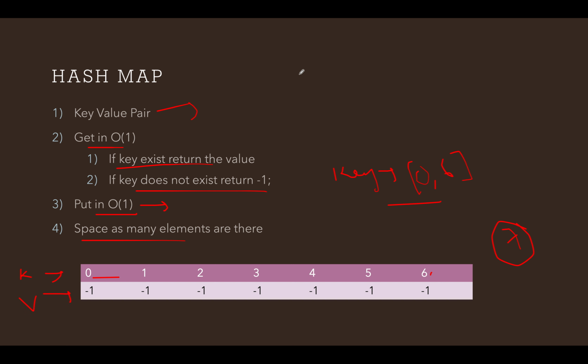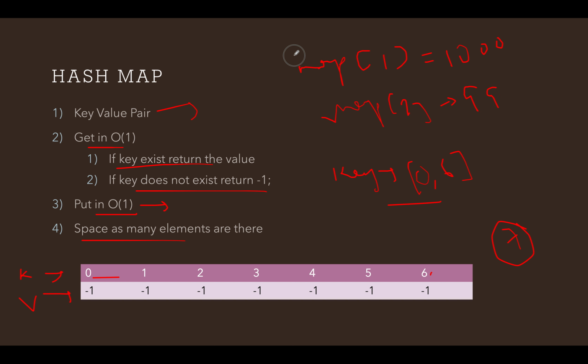So let's assume that there are few operations that are invoked. A map of 1 is set to 1000, and again map of 2 gets set to 99.